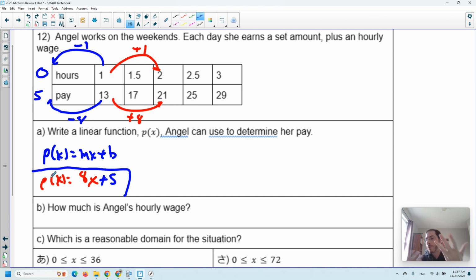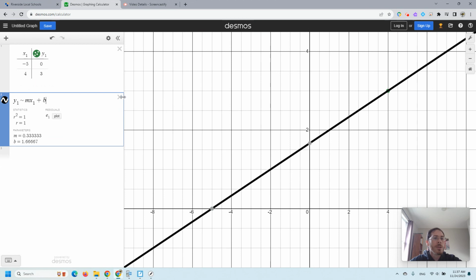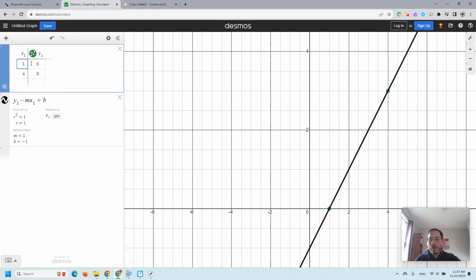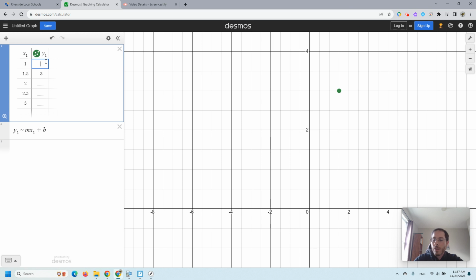Now, if I wanted to, I could throw this into the calculator just like we did with one of the other ones. I'm going to do that in one of the two. So I'll do it in Desmos. I won't do it in the graphing calculator for this one. Let's see. 1, 1.5, 2, 2.5, 3. And we were at, what, 13, 17, 23, 27, 33, I think.